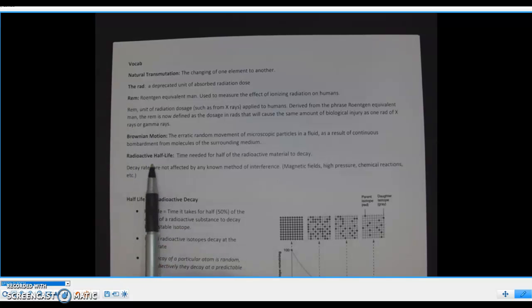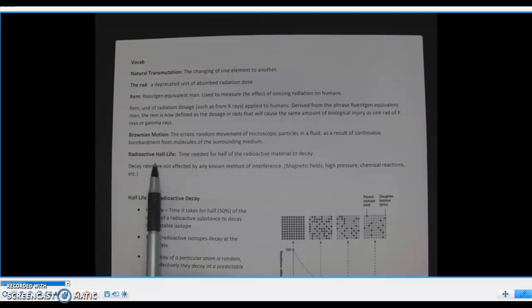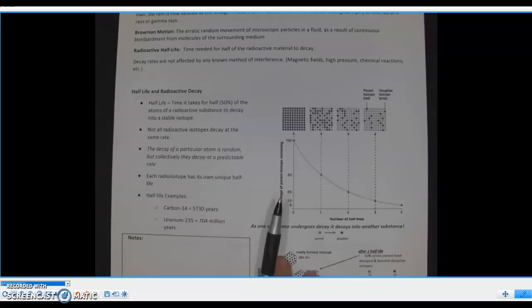And radioactive half-life is the amount of time it takes for half of the material to decay into the daughter isotope, usually a non-radioactive isotope.